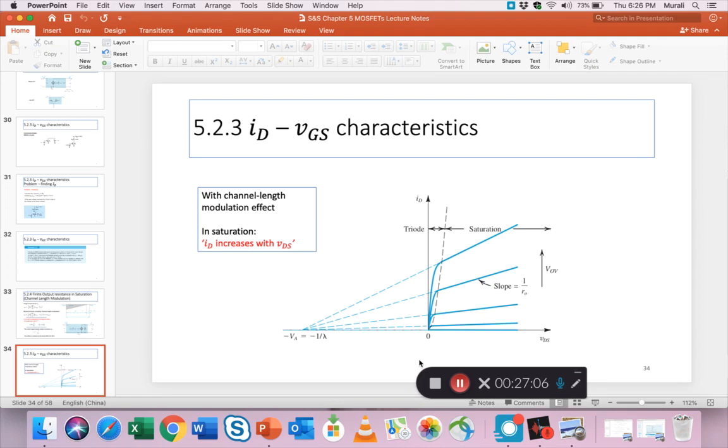But the truth is, because of channel length modulation, even in saturation, ID continues to increase, maybe less at the bottom, but for these values of VGS, the rise is pretty sharp. That is something that is going to come up in problems, so I thought this slide is also important. This is a new slide compared to what I showed you in my last recording.